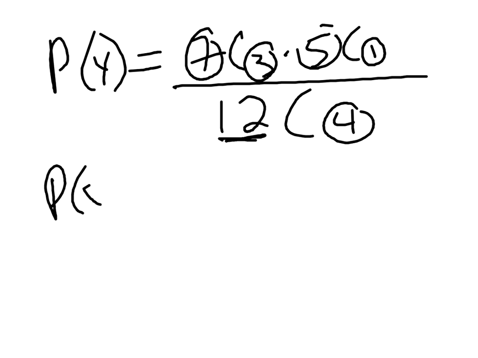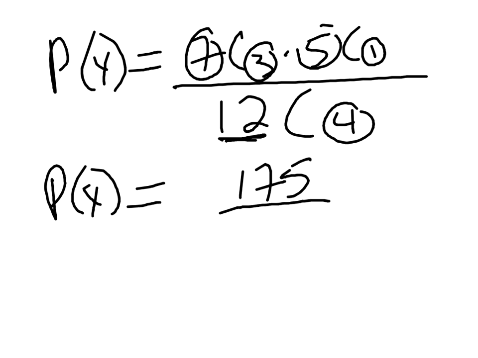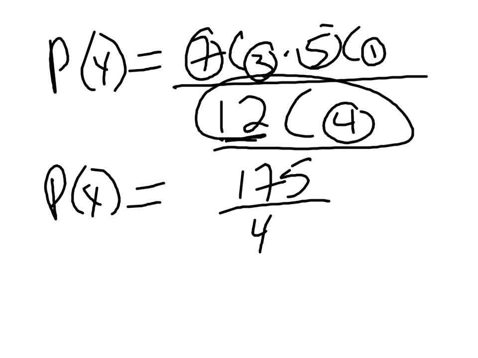So, to solve this particular problem, recall that the numerator turned out to be 175, and the denominator was 495. 12 combination 4 is 495. They gave the answer as a fraction, but normally I would give it as a decimal.